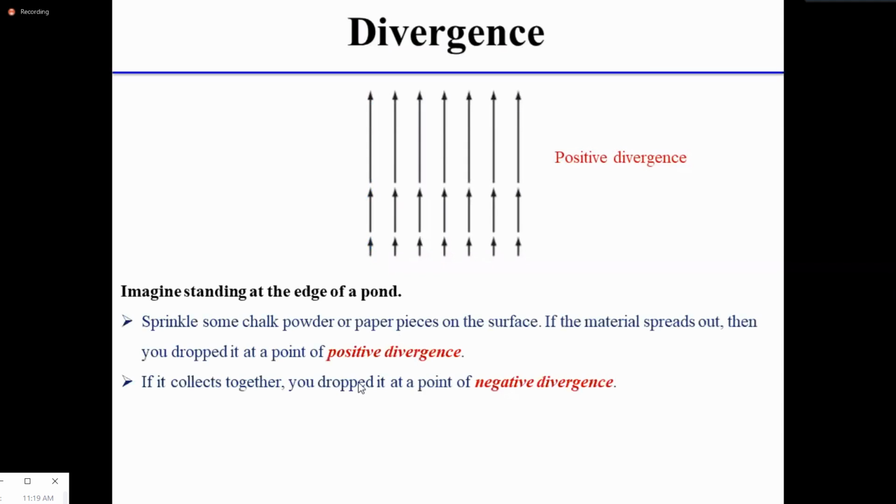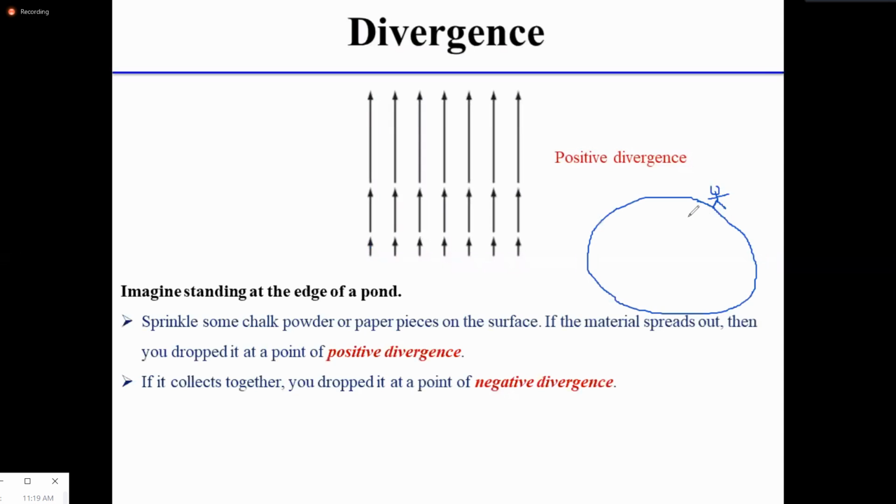Okay, so you could understand it in one more way. Suppose you are standing at the edge of a pond. Suppose this is the pond and somebody is standing here.